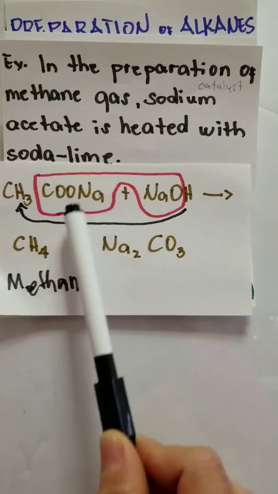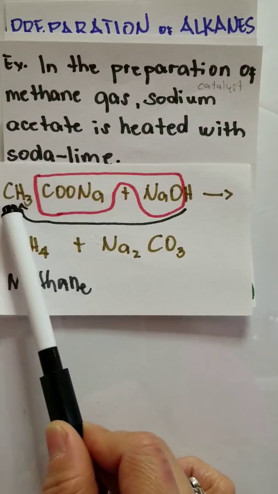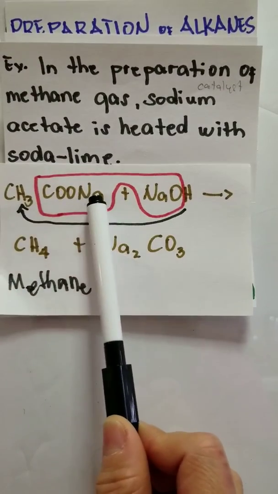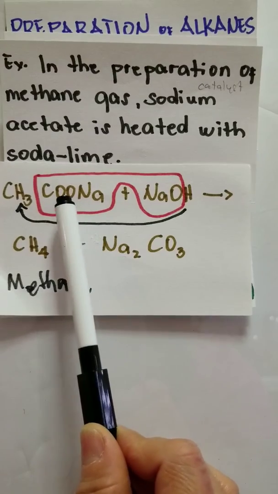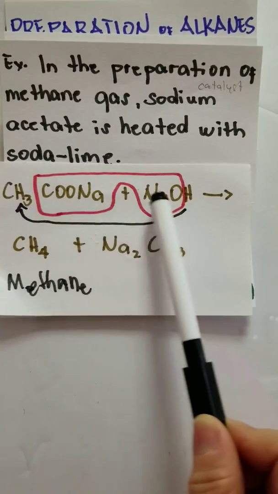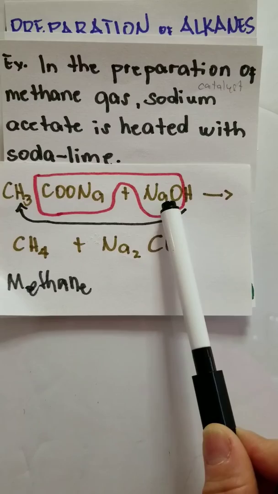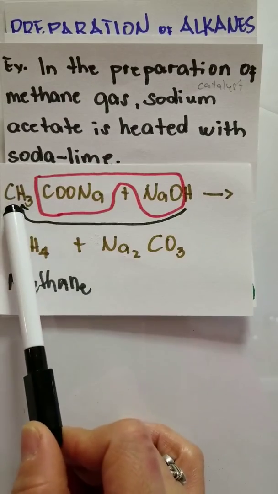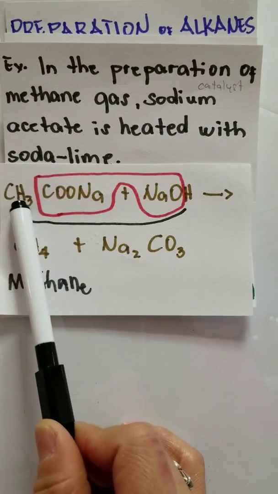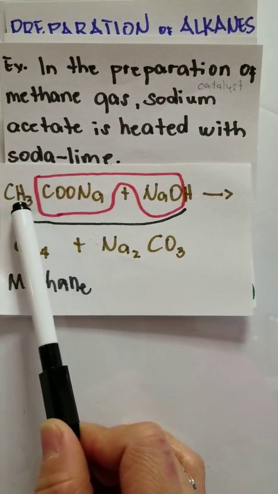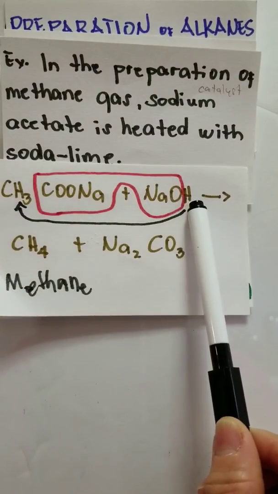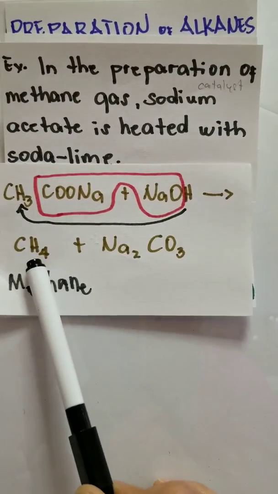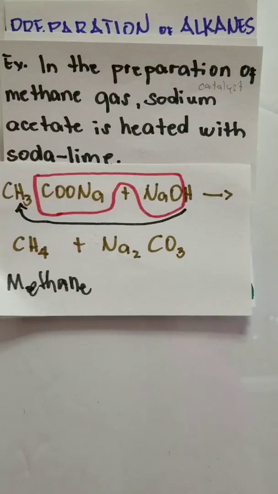So again, in your sodium acetate, the sodium and carboxyl group will combine with the sodium oxide present in your soda lime to form sodium carbonate. What is left? Just copy what is left: you have CH3 from your sodium acetate plus one hydrogen atom from your soda lime, which will form methane gas.